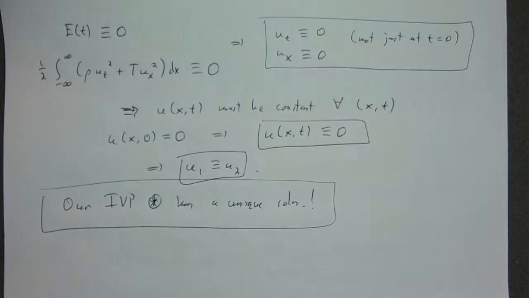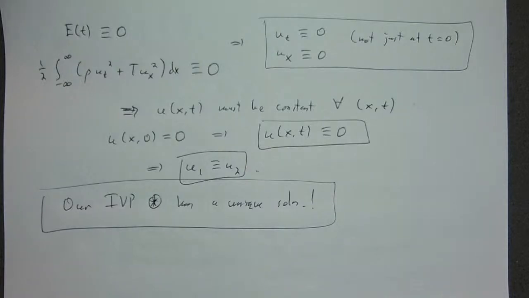You do some energy computation which involves differentiating under the integral sign, integrating by parts, and using the PDE itself to manipulate these expressions to get this derivative as 0, or in other cases to get that, say, the derivative of the energy is always negative, so it's always decreasing. These sorts of computations, called the energy method, can say a lot about the PDE in question, and they can be applied to more than just the wave equation. So this is the key, and definitely worth a look.